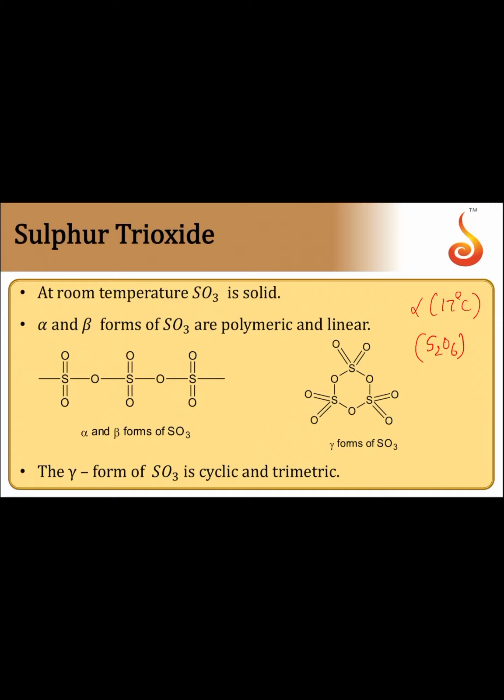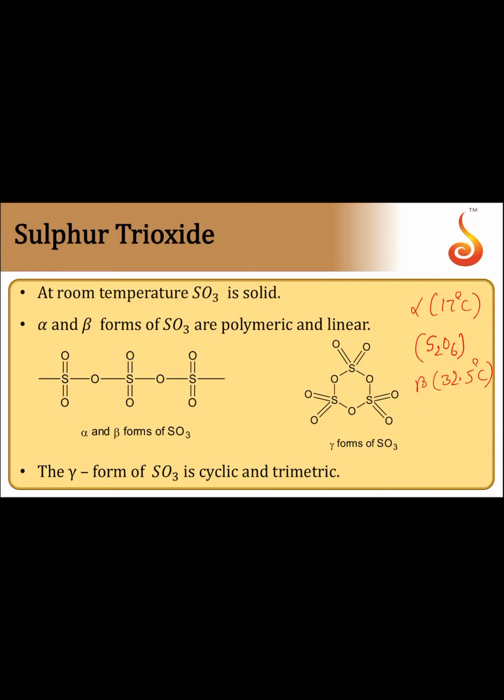It melts at 32.5 degrees Celsius. Beta form melting point is 32.5 degrees Celsius. And one more important thing is, above 50 degrees Celsius, beta form changes to alpha form.